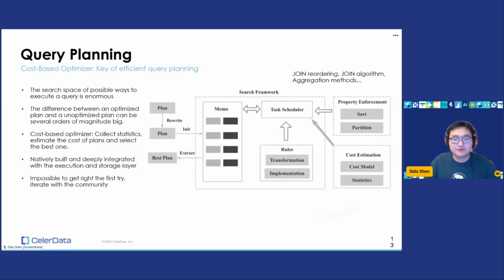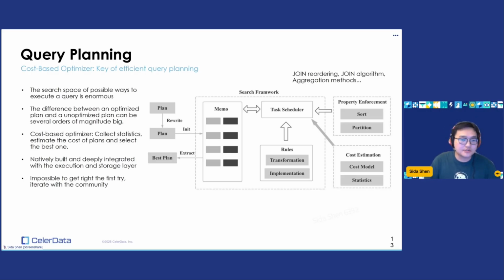And the cost-based optimizer is the state-of-the-art mechanism to solve this join problem today. What it does is collect statistics on your data periodically, estimate the cost of each plan, and select the best one, right? Select the cheapest one.